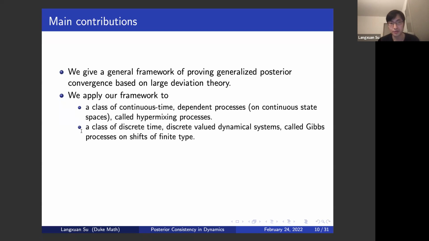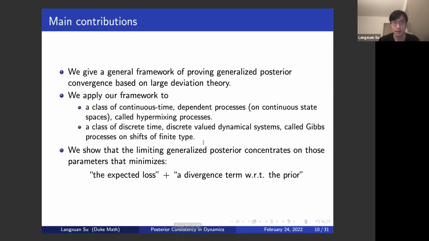And then, just to show how general our framework and proof techniques are, we also apply them to a class of discrete-time, discrete-value dynamical systems called Gibbs processes on shifts of finite type, which is a classical dynamical system in ergodic theory.